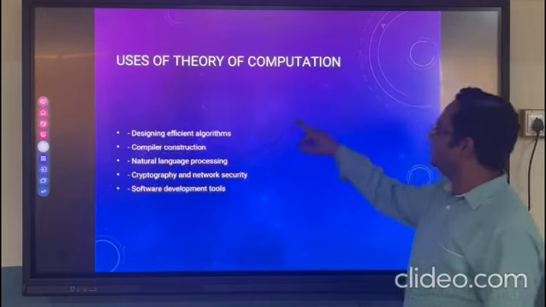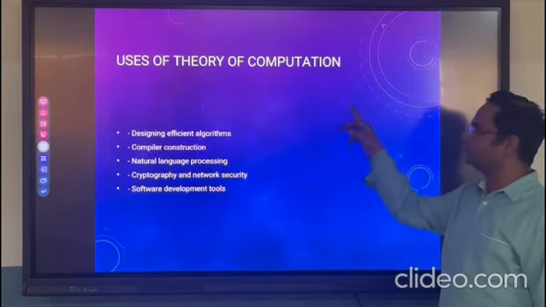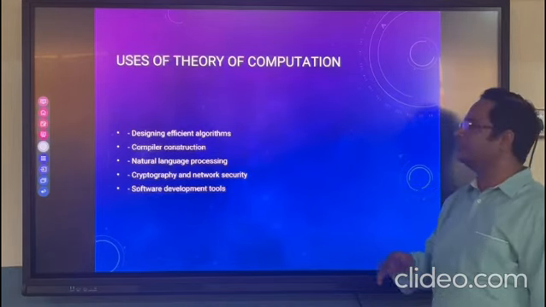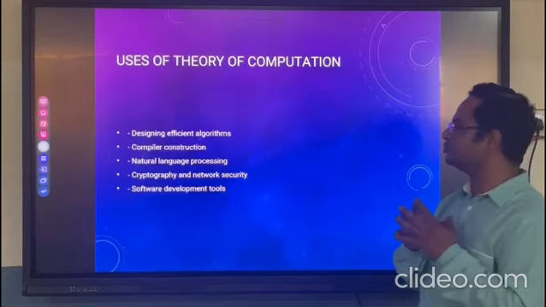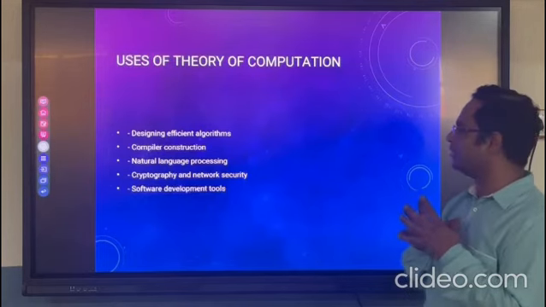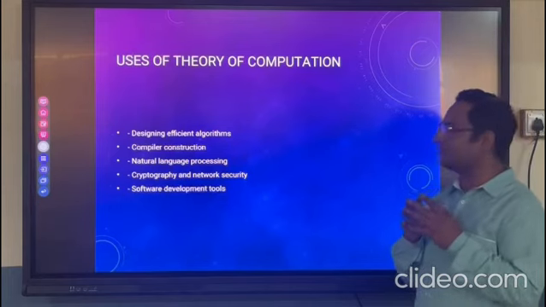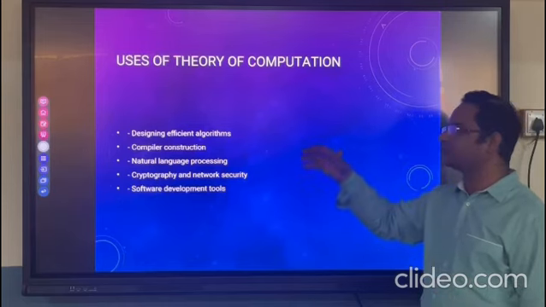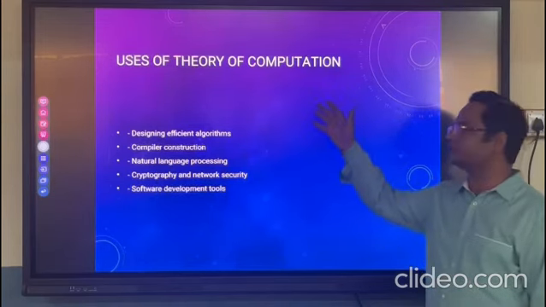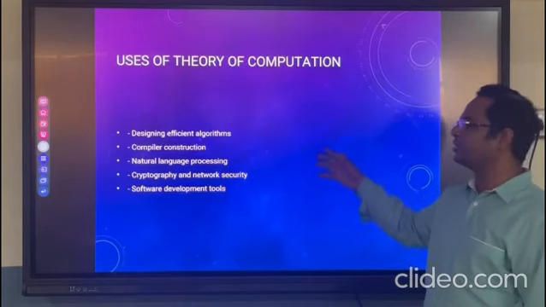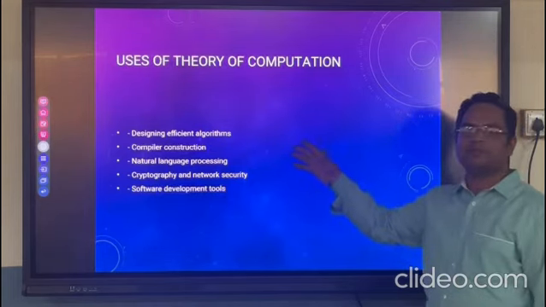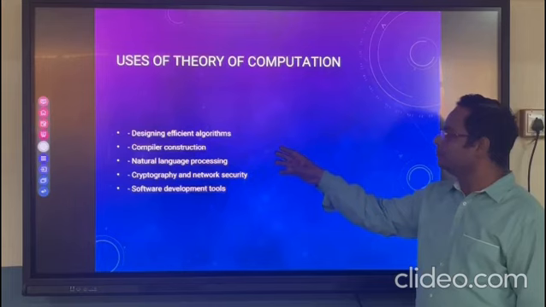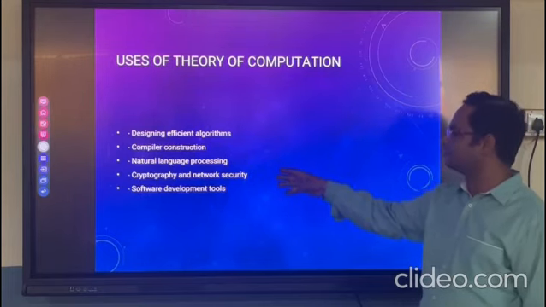Next is the usage of the theory of computation, starting with designing efficient algorithms. The goal is to design efficient algorithms which solve a particular task. Then compiler construction, as I told you earlier, always uses TOC principles. And natural language processing, NLP, is basically used to process any kind of instructions which are applied, and language classification.